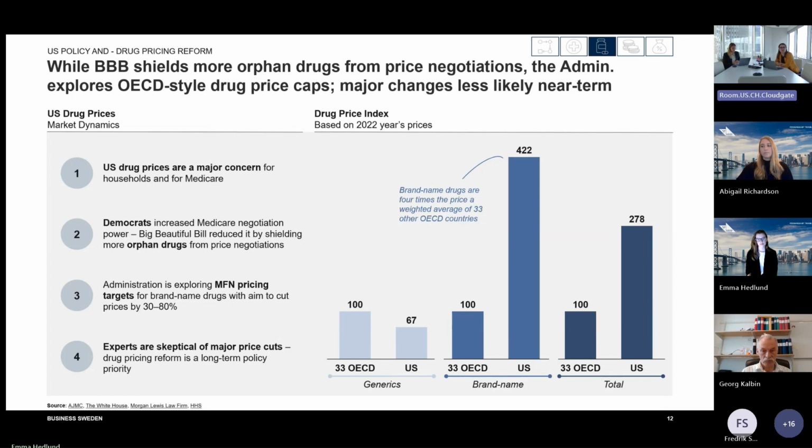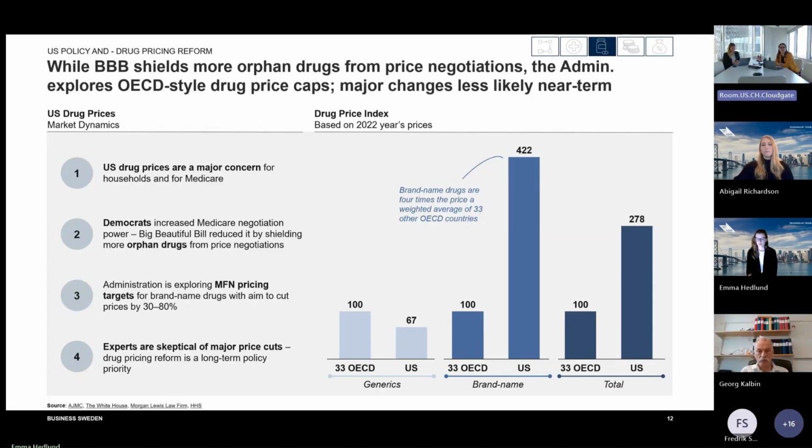And as you can see here on the drug price index on the right, especially brand name drugs are about 4 times the price in the US of the average of 33 OECD countries. So that is the key issue that the administration is pointing at and that they want to fix.